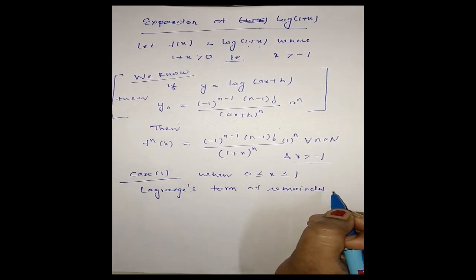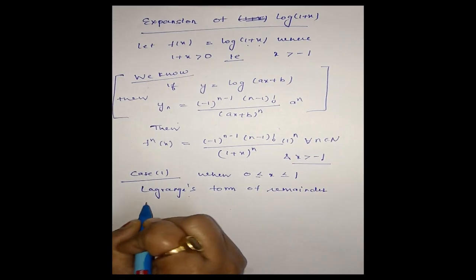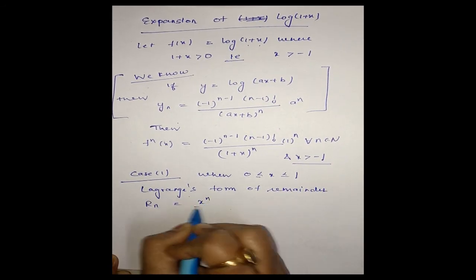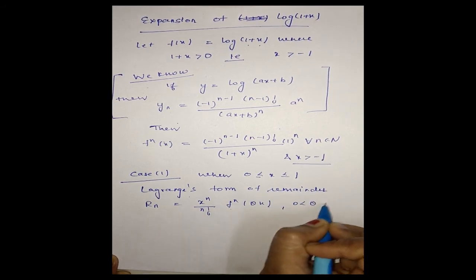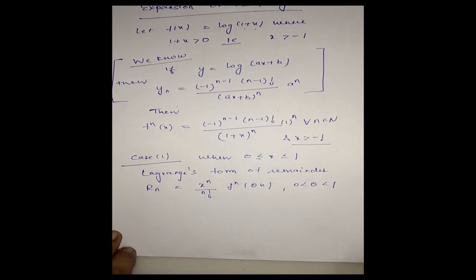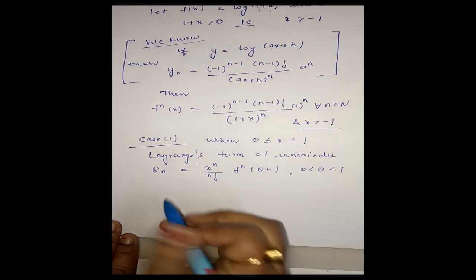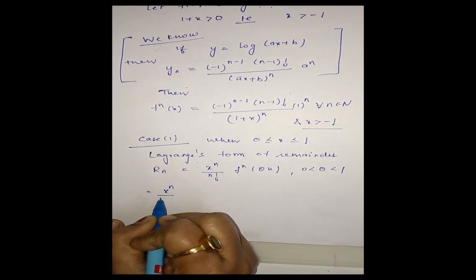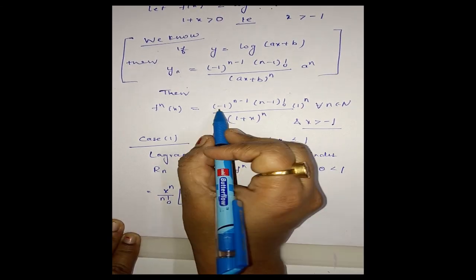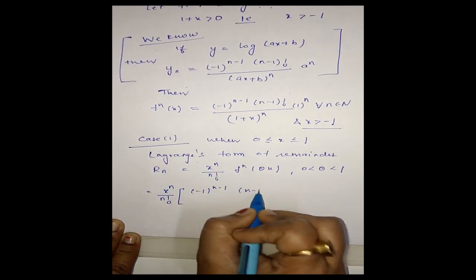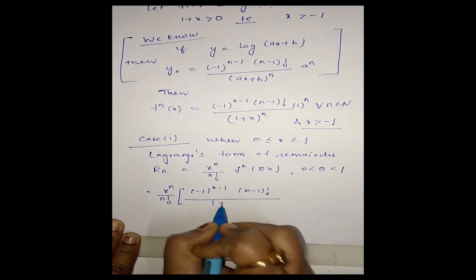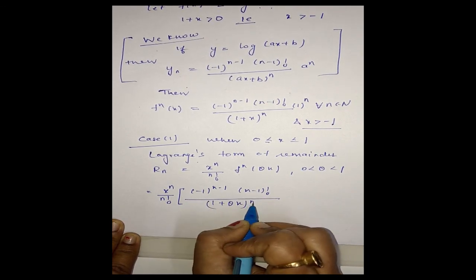We have to show Rn tends to 0 as n tends to infinity. Okay, Rn is x^n by n factorial f_n(theta x), where theta lies between 0 and 1. Now this is equal to x^n by n factorial, and f_n is (minus 1) power n minus 1, n minus 1 factorial, (1 plus theta x) power n.